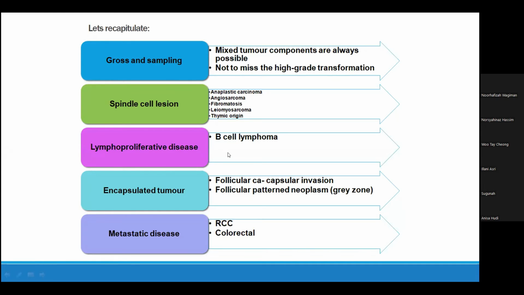Lymphoproliferative disease, we saw B-cell lymphoma can also occur in thyroid. Encapsulated tumor, the importance of identifying capsular invasion. We saw capsular invasion just now, right? And then follicular pattern neoplasm, the NIFTP and all that. And then metastatic disease can also happen in the thyroid.